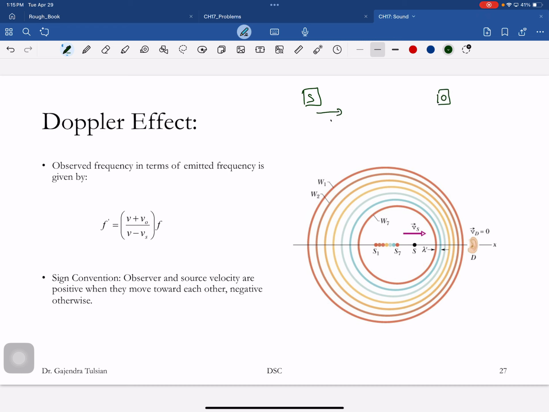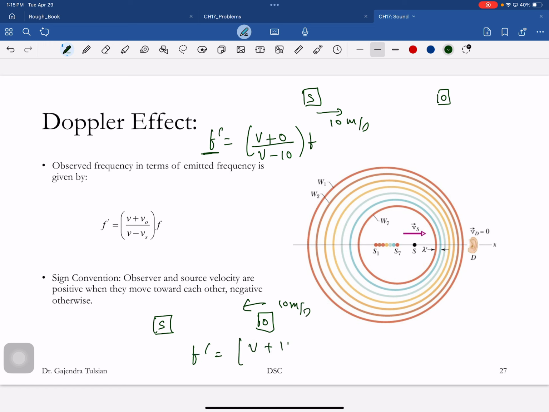Let's say the source is moving at 10 meters per second, then the observed frequency will be v plus 0, observer is at rest, over v minus 10 times f. Okay, so this frequency will be higher. For this case, f prime will be v plus 10 divided by v minus 0.